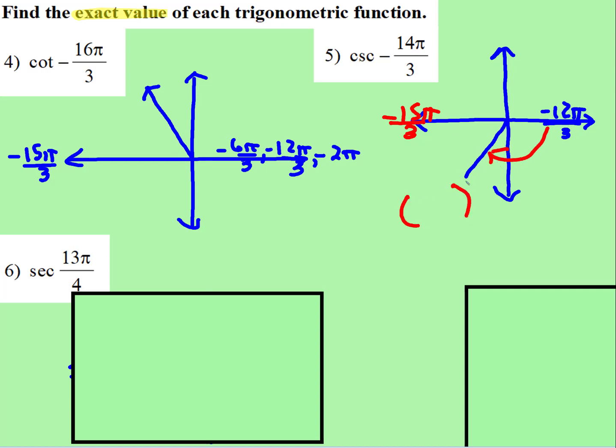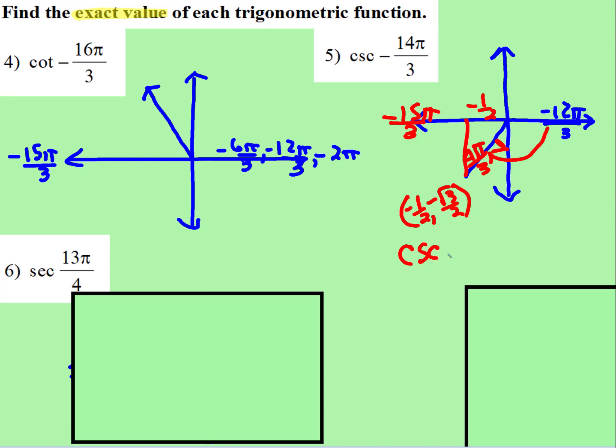Well, in this quadrant, the pi thirds, which by the way is 4 pi thirds, if you look at the unit circle, down here, negative 1/2, negative root 3 over 2. And we're now finding cosecant. Remember, the hypotenuse is 1.